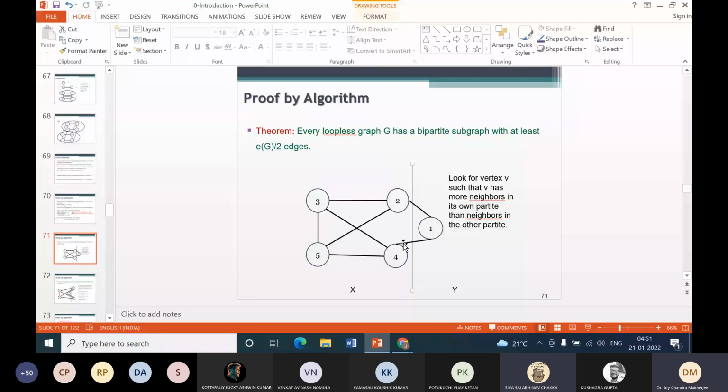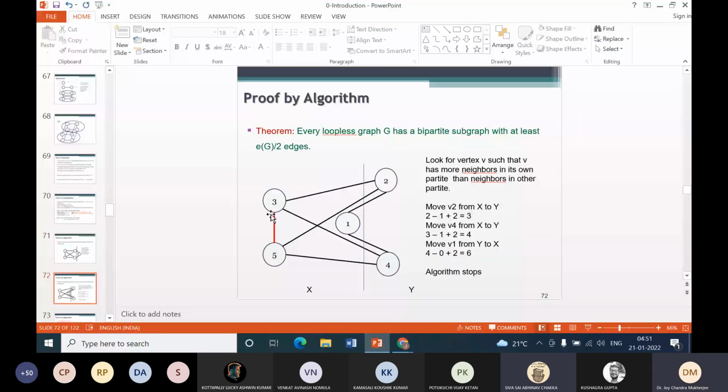So this was the graph, and if you remove this red edge, you will get a bipartite graph.